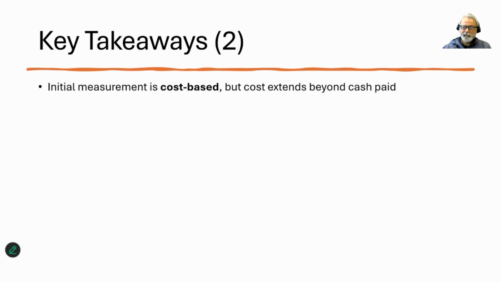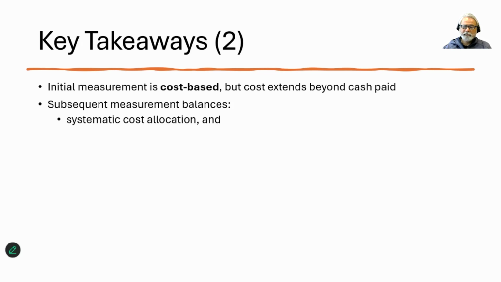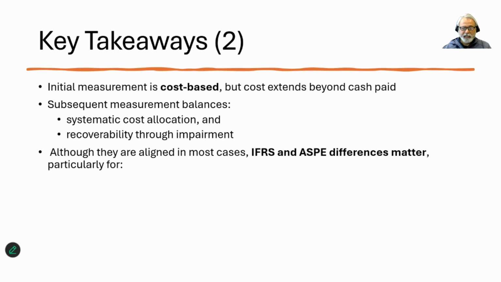Initial measurement is cost-based. Cost, though, extends beyond simply cash paid. It considers other things such as directly attributable costs, deferred payment plans, etc. Subsequent measurement balances the systematic cost allocation, so depreciation, and recoverability through impairment. Although IFRS and ASPE are fairly aligned in most cases, their differences do matter, particularly for which measurement models end up being used.